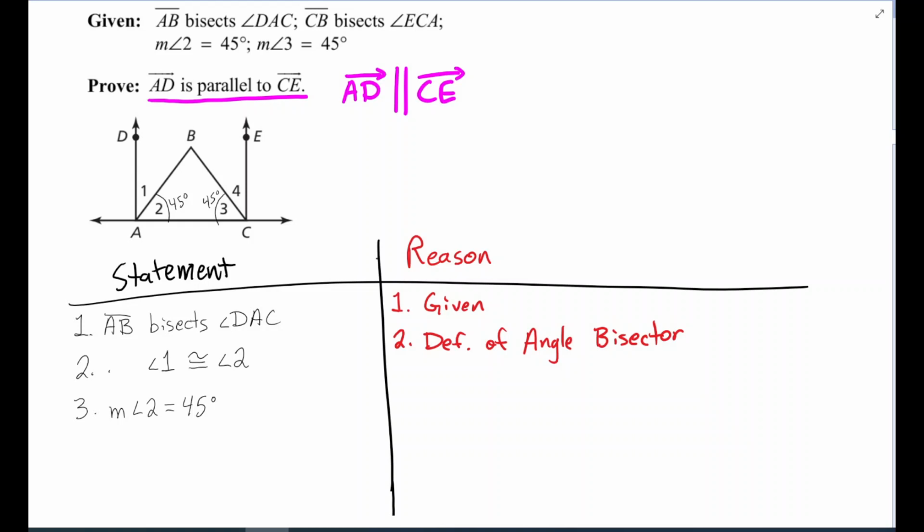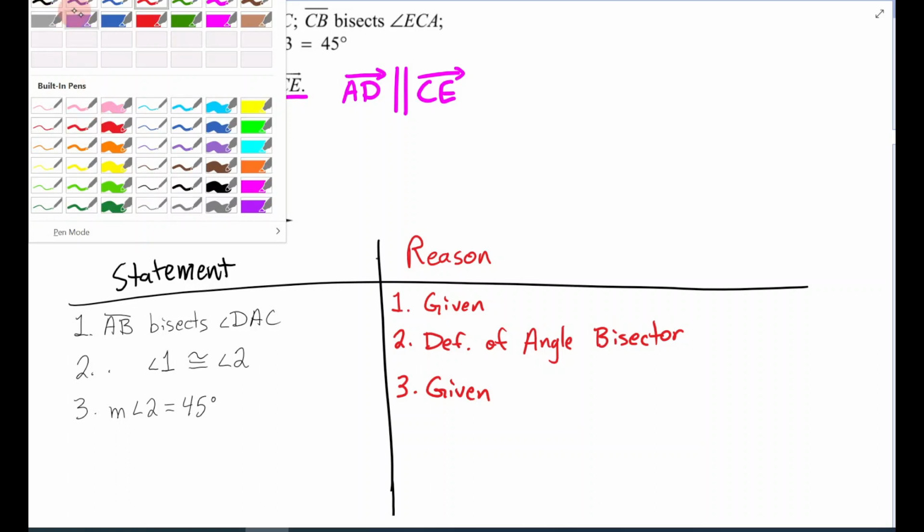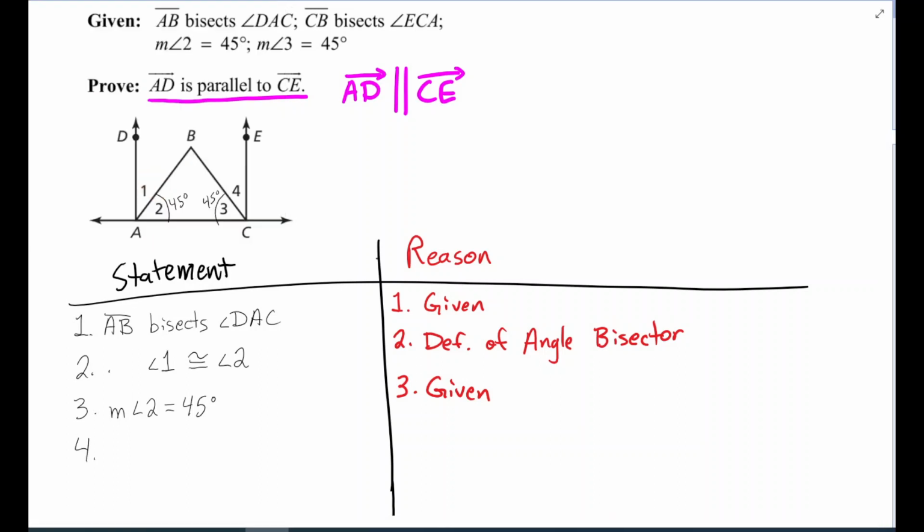Now, because the measure of angle 2 is 45 degrees, that was given to us, and we know that angle 1 is congruent to angle 2, that would mean that the measure of angle 1 is also equal to 45 degrees, right?